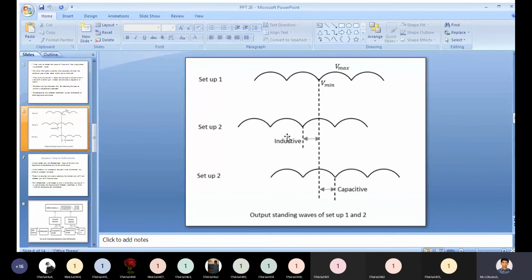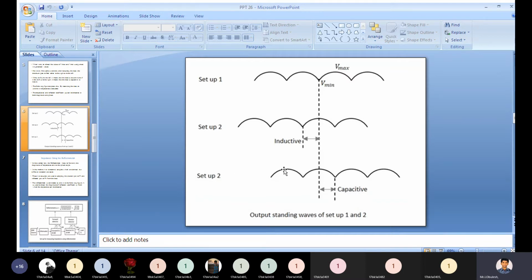This setup indicates that only. If we are going to shift to the left, it means that the load is inductive.